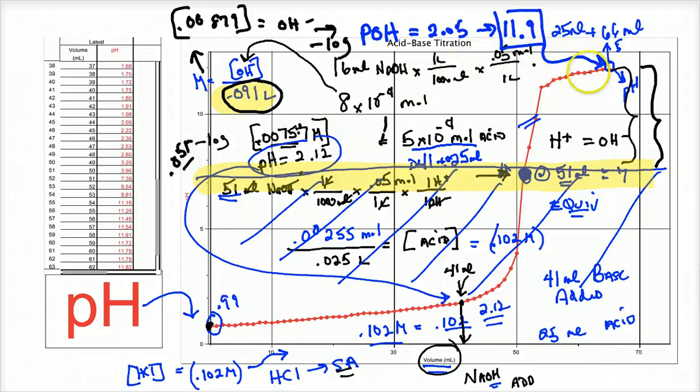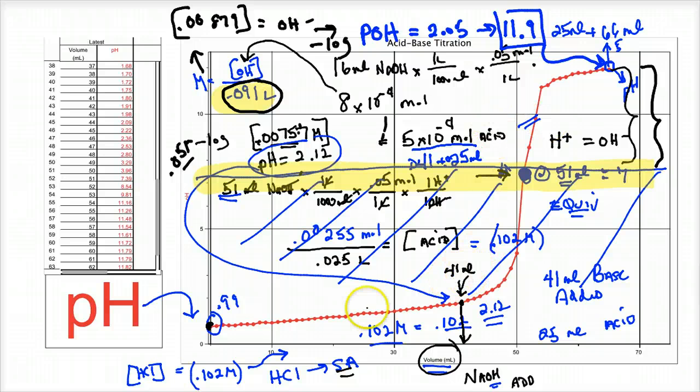As you add 1,000 more milliliters, this will approach but never quite get to whatever the pH of 0.05 molar NaOH is. That's why it flattens out. This solution becomes more and more dilute in terms of the water. Any case, moving on.